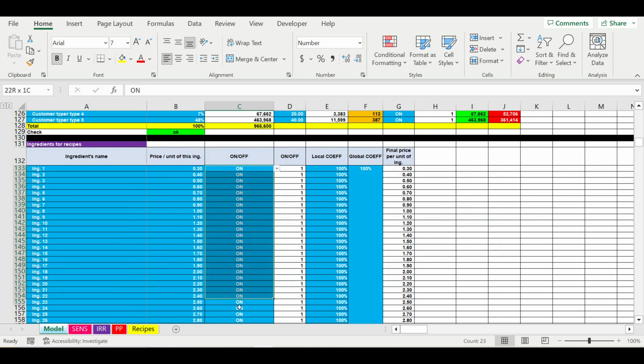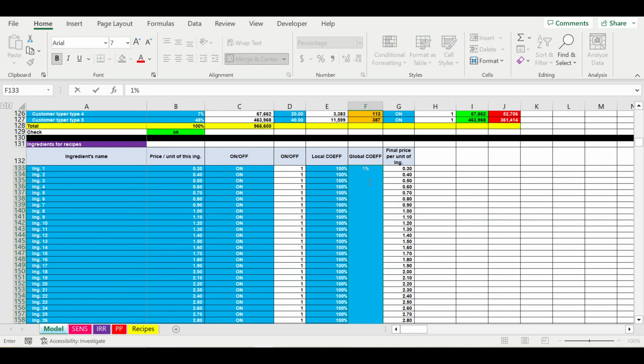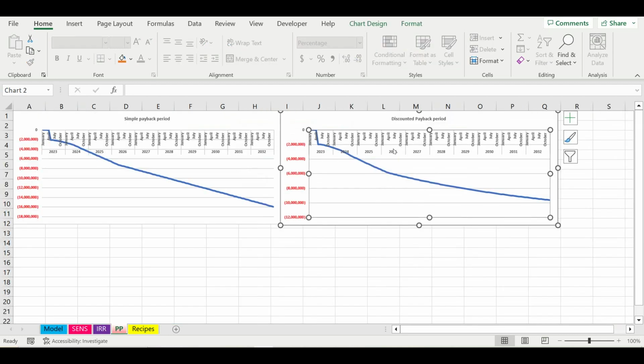We can also play with global coefficients for direct expenses. For example, what will happen to our business idea if direct costs increase by 30%? We can see the simple discounted payback period.